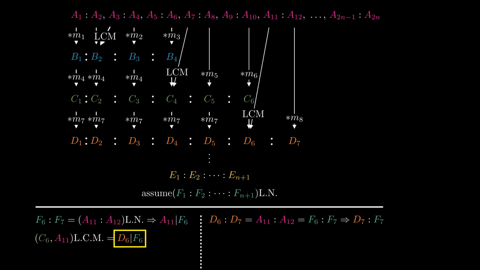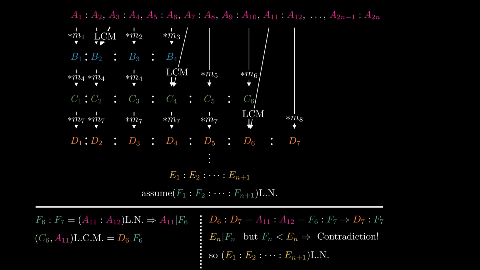Continuing in this manner, we'll eventually find that some e will measure some f, say en measuring fn. But fn is less than en, so we finally found our contradiction, and the proportions of e's are in fact in least numbers and fit the requirements we want.